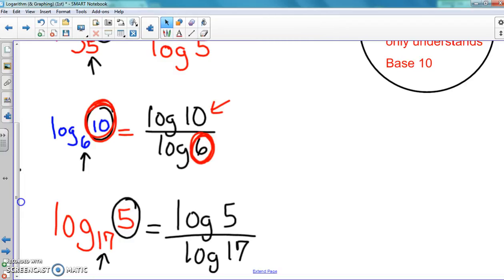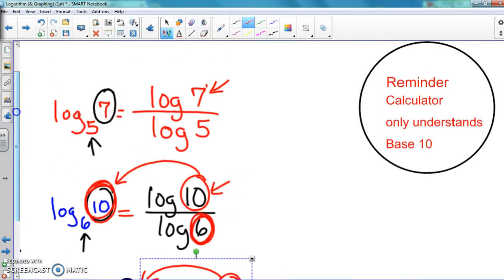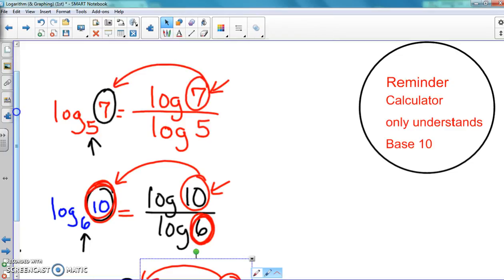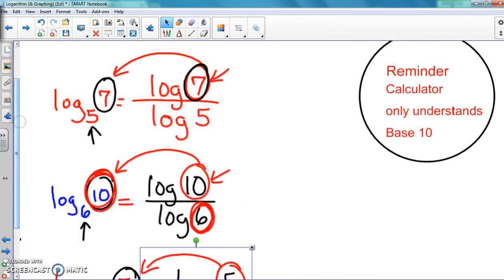And again remember, this number 5 is not bigger than 17, but it was in this spot right here. So because it was in that spot, it goes on top. So remember that number always goes on top, and this bottom number, the base number, goes on the bottom.